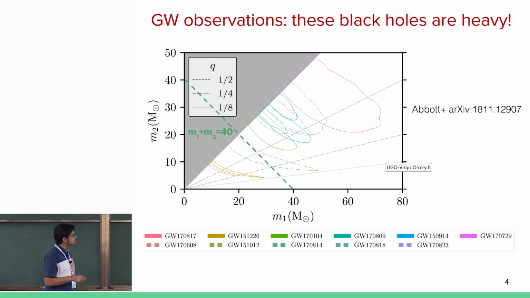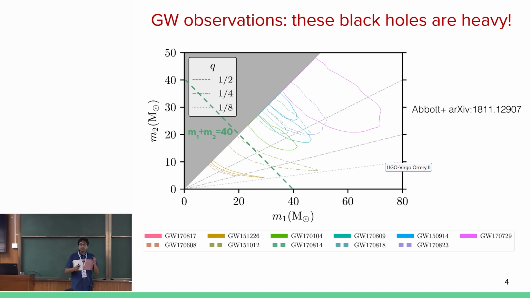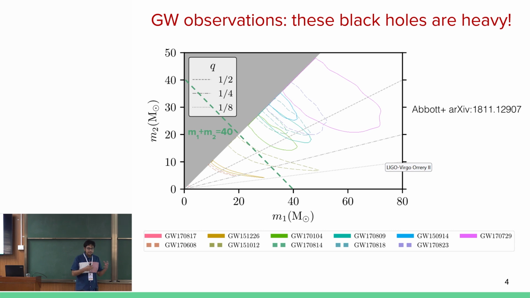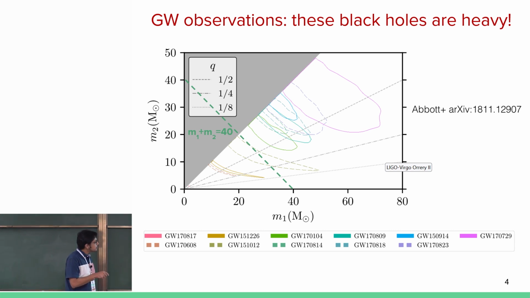This figure here summarizes some of the prominent events from the first two observing runs and the measurements that we could make from the gravitational wave signal about the masses of the two black holes that actually coalesced to produce those particular signals. You will see, for example, some of the lowest mass events have their masses constrained to these banana-shaped contours here, while some of the heaviest events have masses contained in this region, given as a purple contour here.